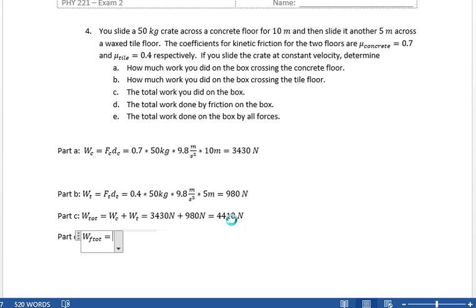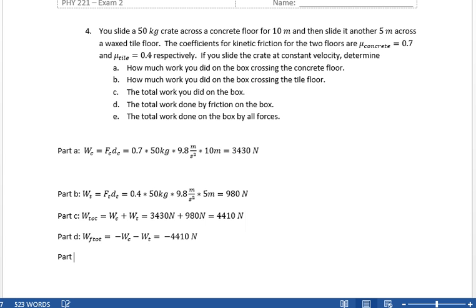So it turns out the force of friction does exactly the opposite of the work you do on the box, and so friction does minus 4,410 newtons of work on the box. So friction in terms of energy completely negates everything you did. That's why the box has the exact same kinetic energy before and after you finish.